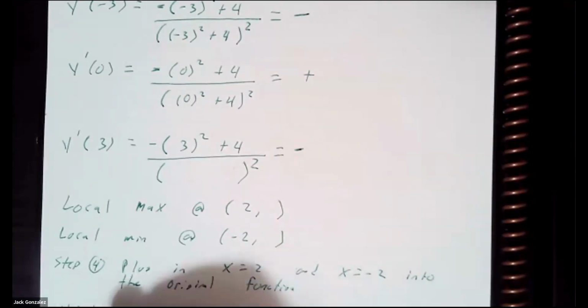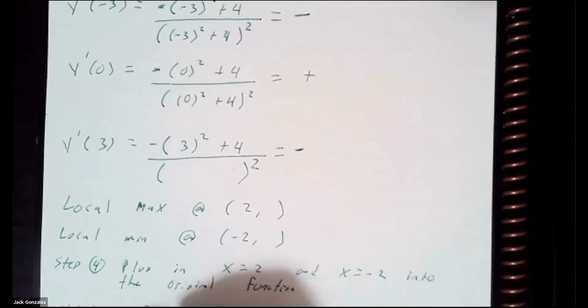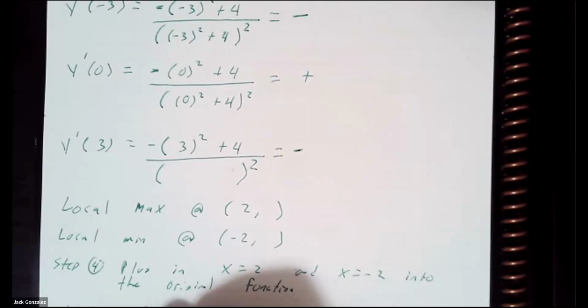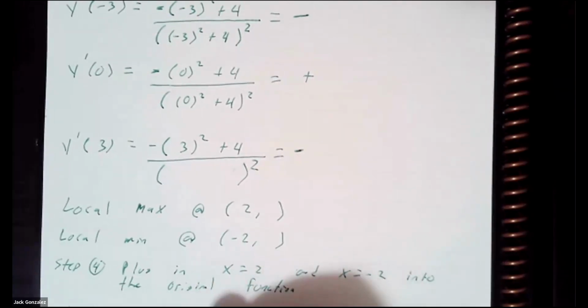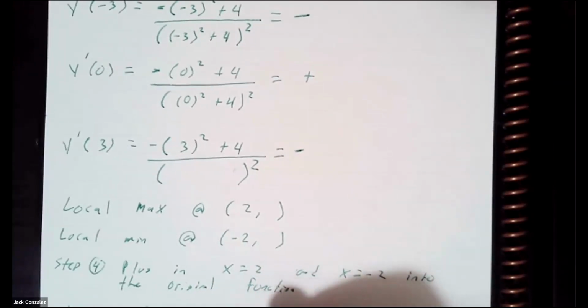Let's plug in 2. The original was 2x over x squared plus 4, so that'll be 2 over 2 squared plus 4, so 2 over 8.